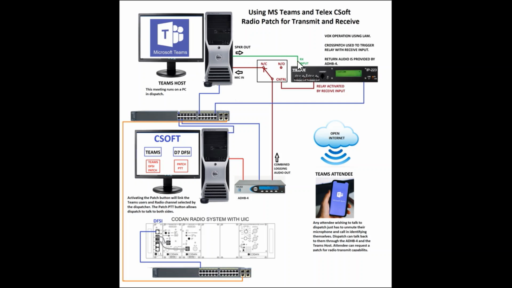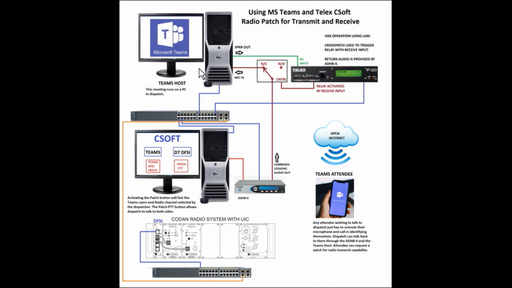So basically it senses when there's audio and starts making ROIP packets that are going back to the CSoft console. So basically all the Teams attendees are now popping up on an icon on the console, just like they're a radio. And the dispatcher can talk back to them the same way that they heard through the ADHB4 and going back into the Teams meeting through the mic input.